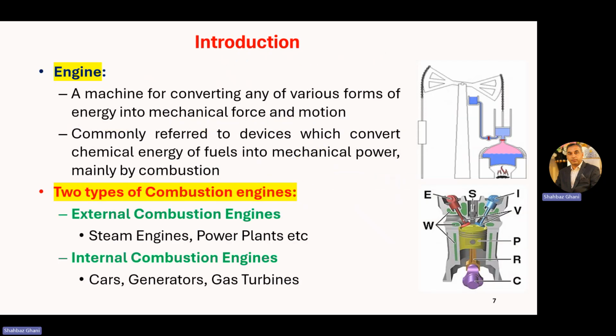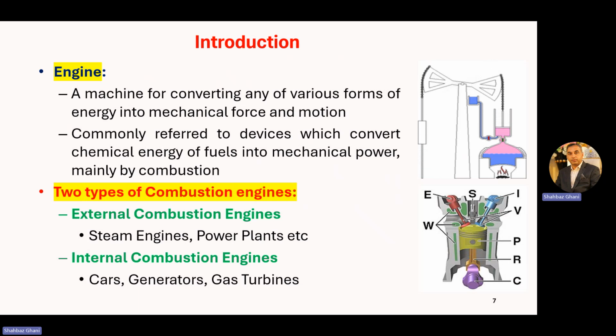Now, engine: a machine for converting any of various forms of energy into mechanical force and motion. Commonly referred to as a device which converts chemical energy of a fuel into mechanical power, mainly by combustion. Combustion is a very intricate process; we will study it in detail in later chapters.